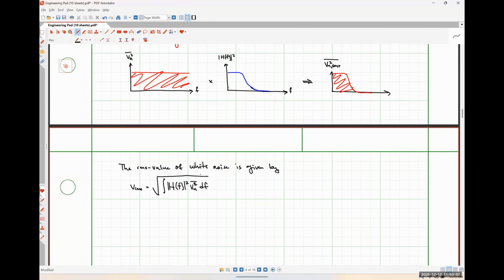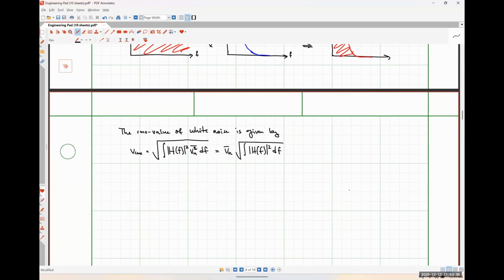And since for white noise, the square root of our power spectral density is a constant, we're just going to pull that to the outside. So we would have Vn times the square root of the integral of simply our system's transfer function squared, integrated with respect to frequency.